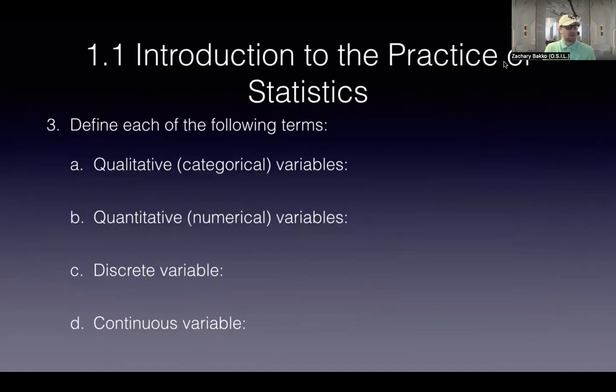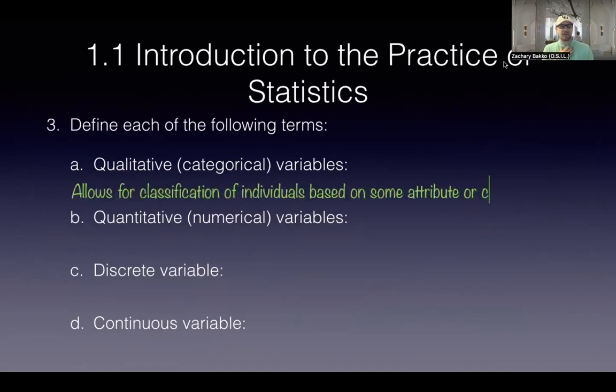So we're going to have something called qualitative variables. I like to call them categorical variables because when I look at the words qualitative and quantitative, for some reason my brain can't distinguish between the two because they're both Q and very similar, but when I see categorical and numerical, it makes it a little easier for me.